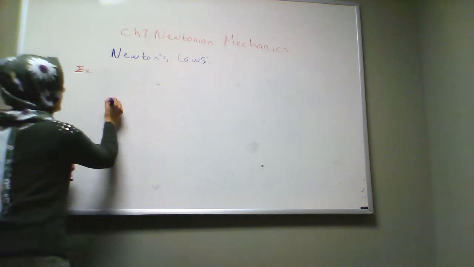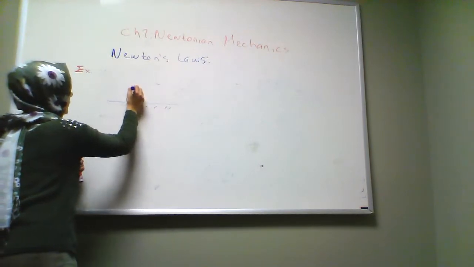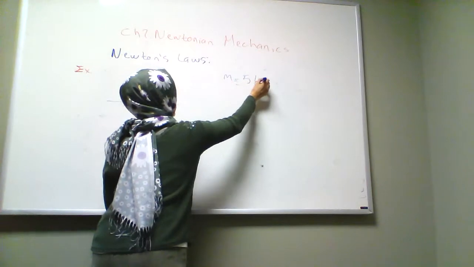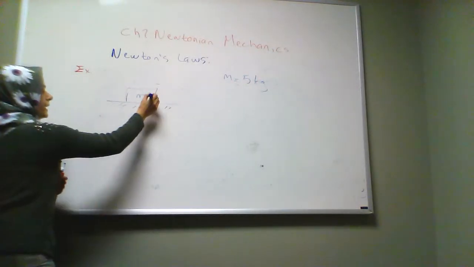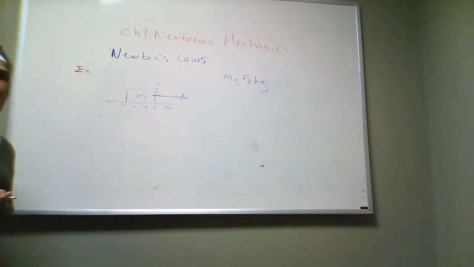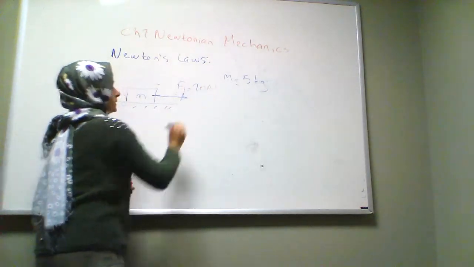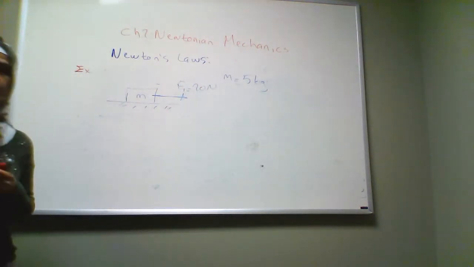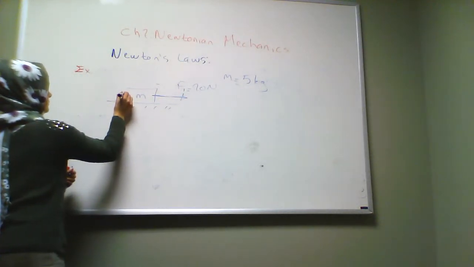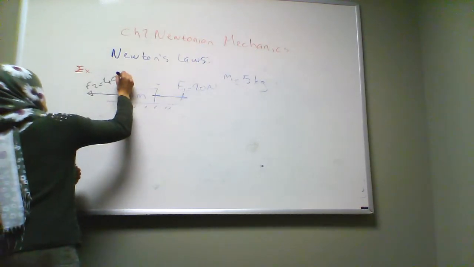Let's say I have a mass M. My mass is equal to 5 kilogram. And one of the forces I have is pulling this mass to the right. F1 is equal to 20 Newton. And another force is pulling it to the left. F2 is equal to 40 Newton.